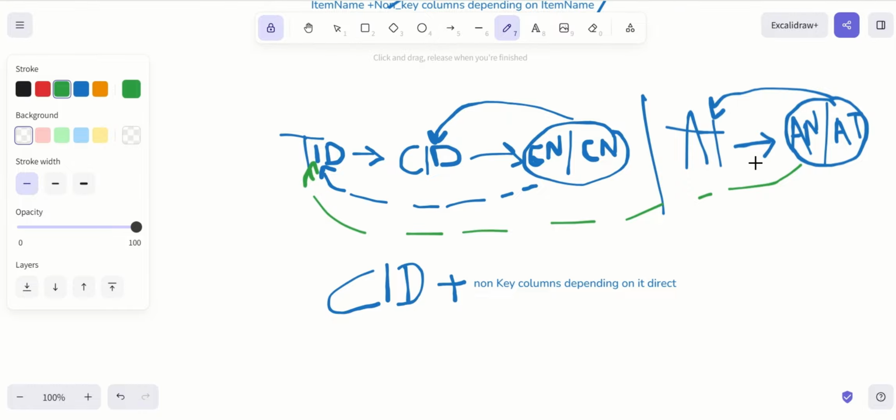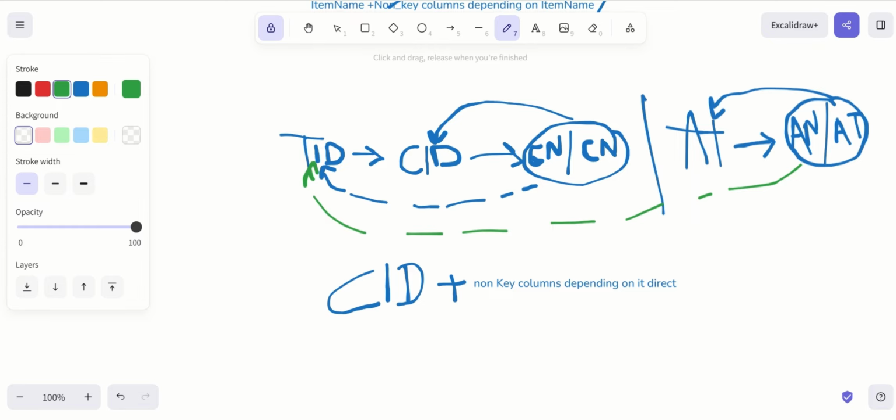So we're also going to separate this, so that they can have their main key as agent ID, and this one, their main key will be the customer ID.